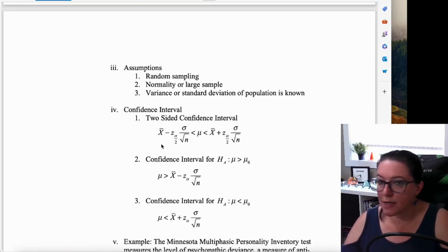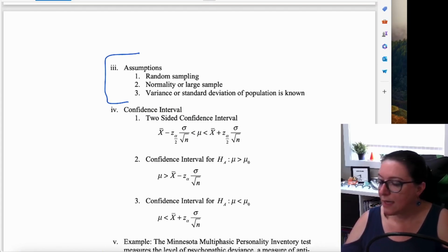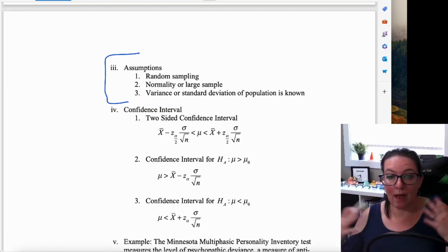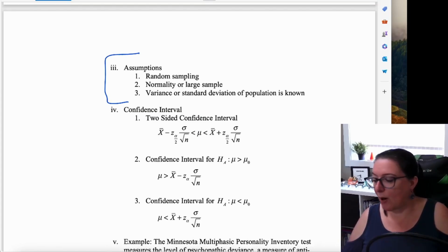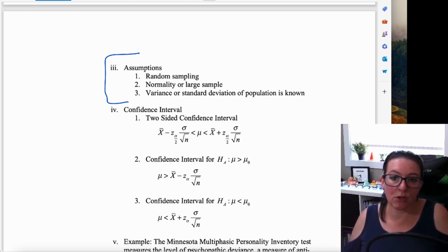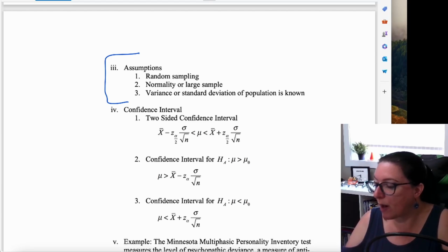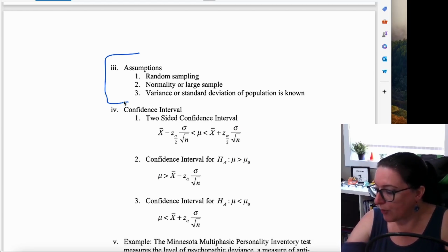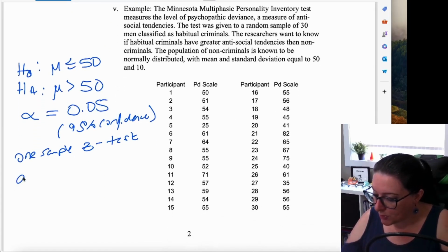Then we have our assumptions that go with this test. It is random sampling, so we have a representative sample from that population. We have underlying normality or a large sample. Here we know the population is normal, and the standard deviation of the population is known. So we would write out these assumptions here to go with our test.